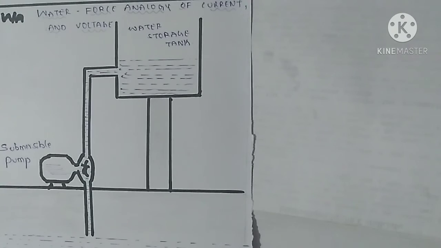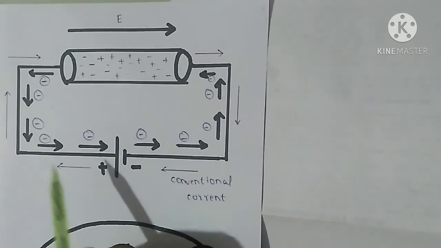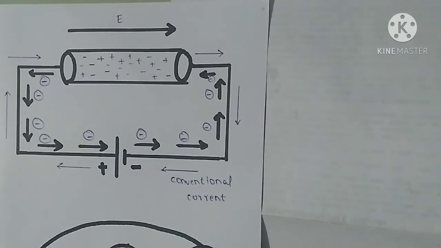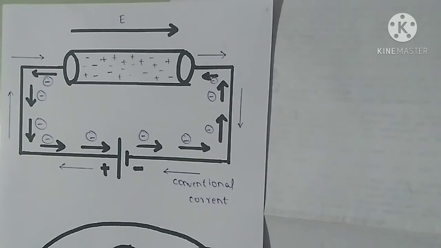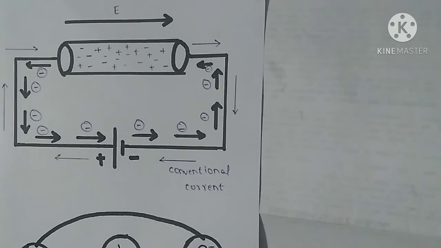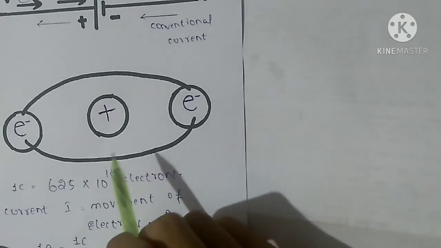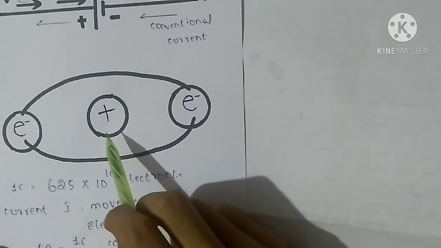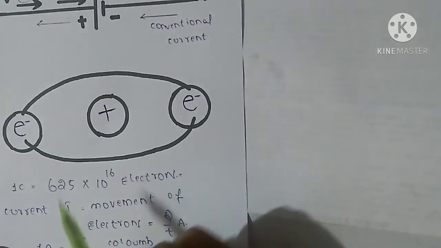Let us now apply this concept by considering a conductor which is supplied with DC voltage. Under the normal condition, the arrangement of electrons and protons is like this. The protons and neutrons are in the nucleus and electrons revolve around the nucleus.